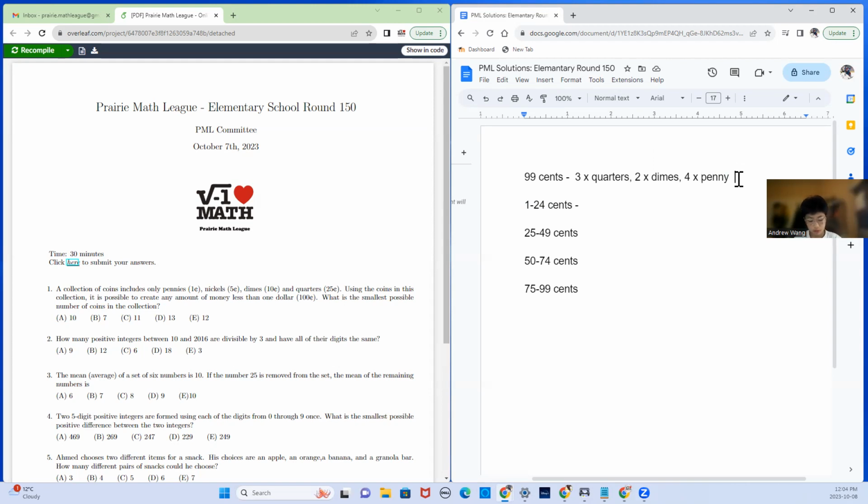But if we only add a penny, it becomes 5 pennies. So yes, we can do 5 cents, but how are we going to do 6 cents, 7 cents, or even 9 cents? Now we look at what happens when we add a nickel.